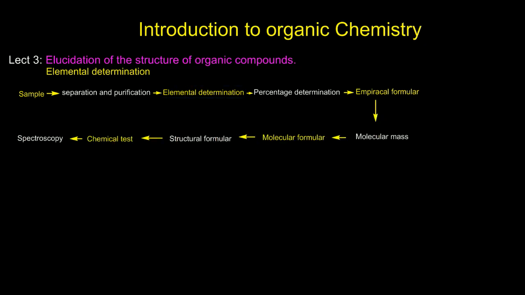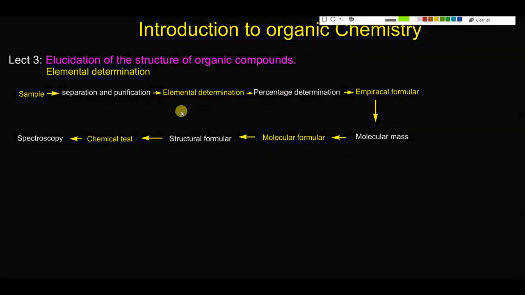So basically, as we said earlier, most organic compounds do contain some amount of carbon, and some amount of hydrogen. So these are the elements that are basically in organic compounds.